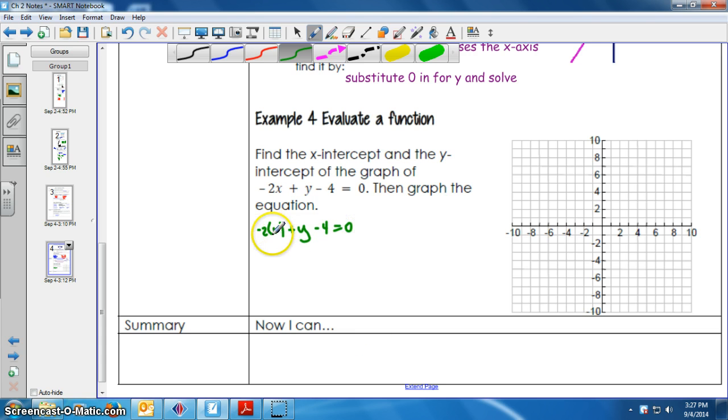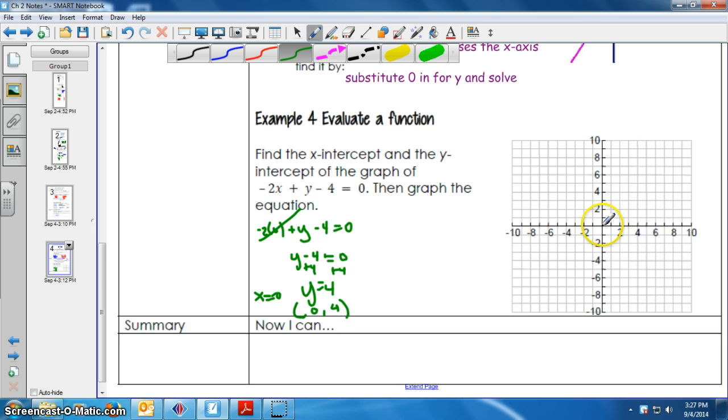And now we solve. So here's 0. I'm just going to cross it out. We have y minus 4 equals 0. And we add 4. So one of our points, if y equals 4, when x is 0, one of our coordinates is 0, 4.